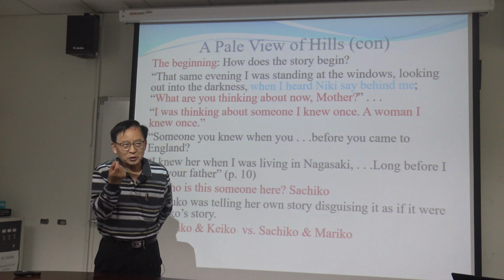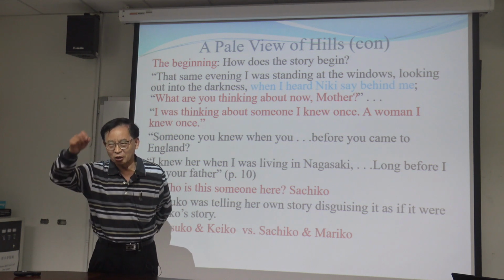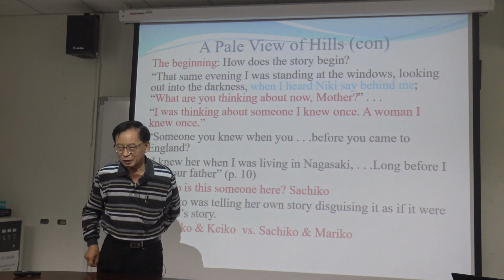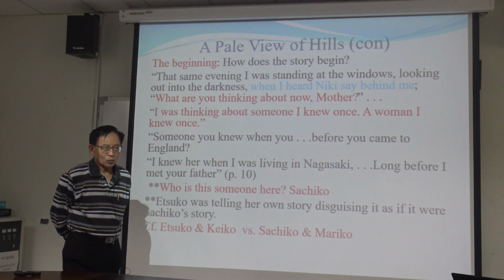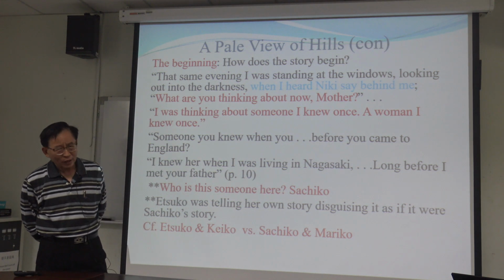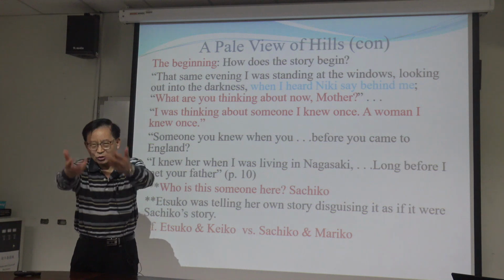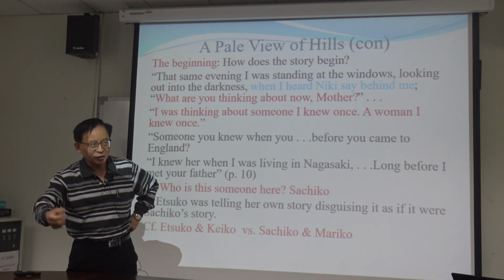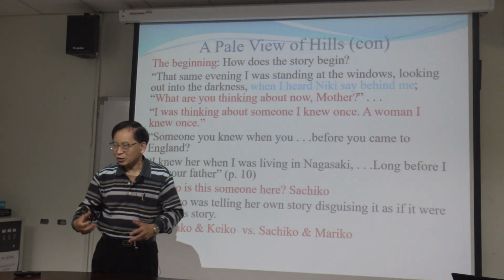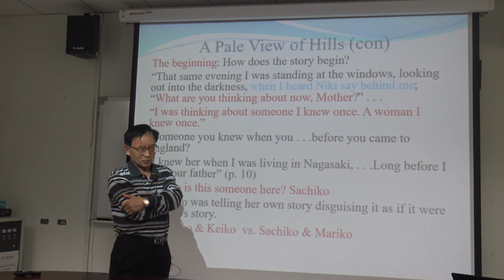And Etsuko tells the story to her own daughter, Niki. Why? Why does the mother have to tell her own story to the daughter? Why does the daughter need to listen to the mother's story?